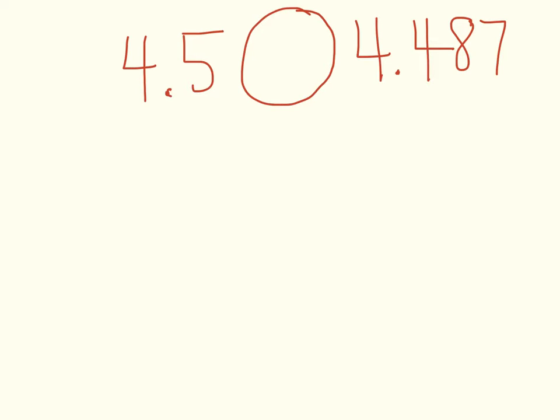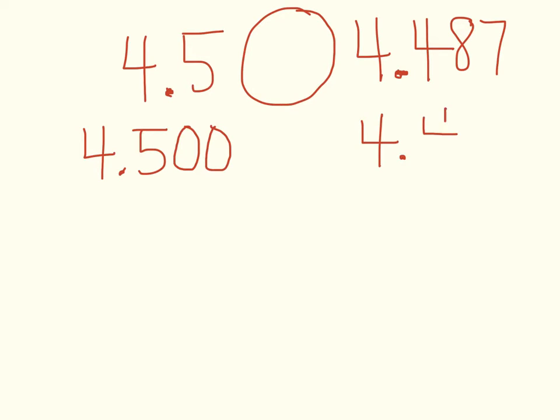Well, it's hard to compare here because I only have 1 decimal place, and on this side I have 3 decimal places. So what you want to do is get the same number of decimal places. So here I would just go 4, 5, and what can I add to the end that I can keep adding and adding or taking away and it doesn't change the value? Hopefully you said zeros.